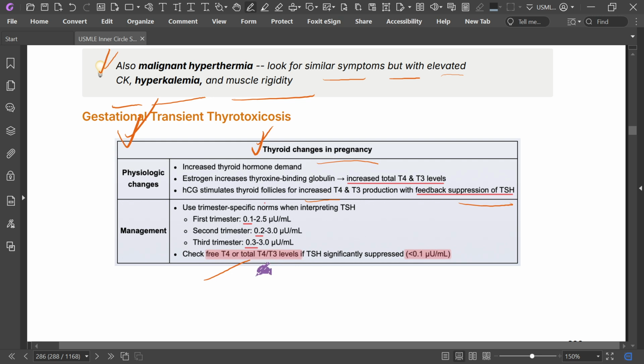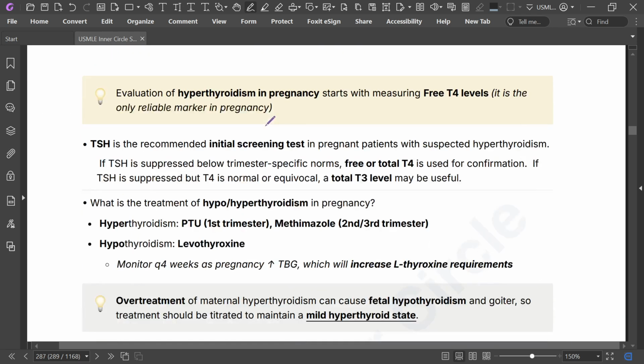Check free T4 and total T4. If TSH is significantly suppressed, less than 0.01, then you should give management in pregnancy. Evaluation of hyperthyroidism in pregnancy starts with measuring the free T4 level, which is the reliable marker in pregnancy.